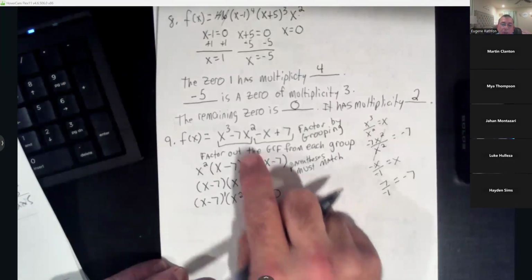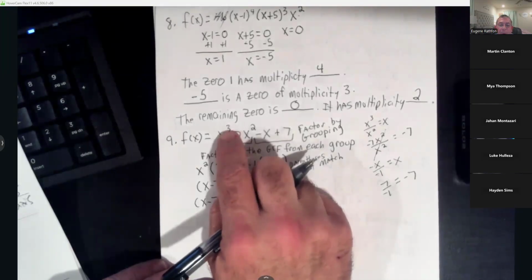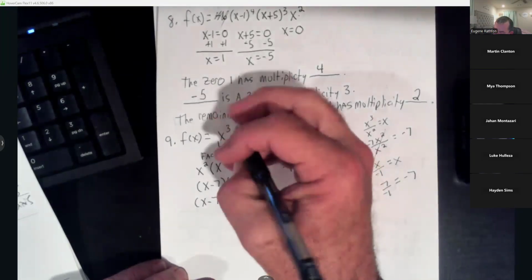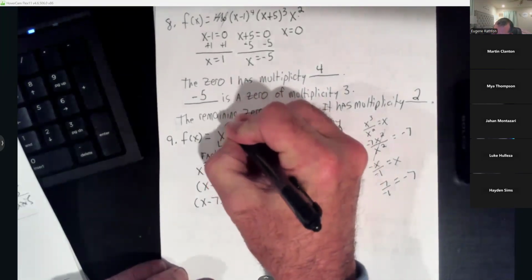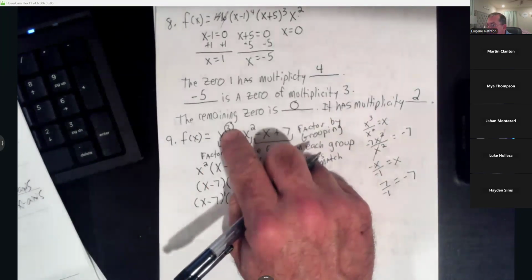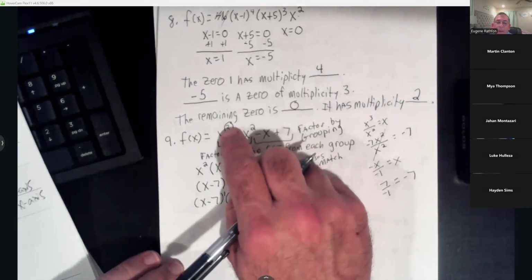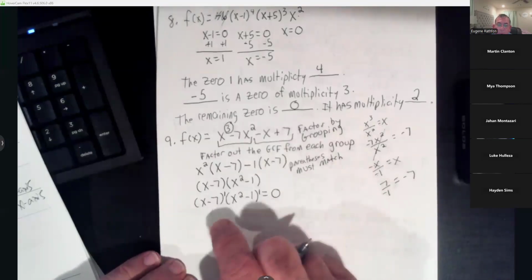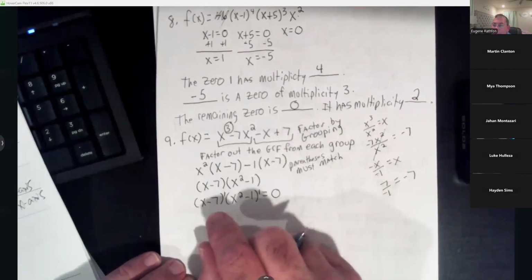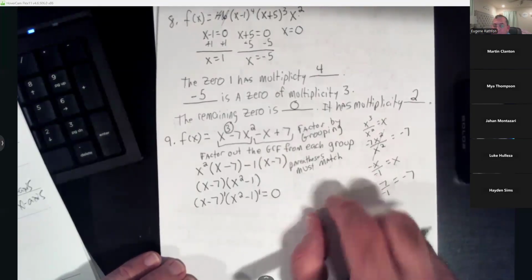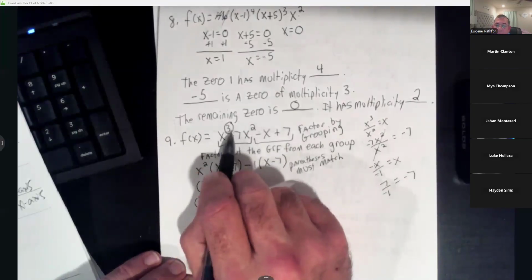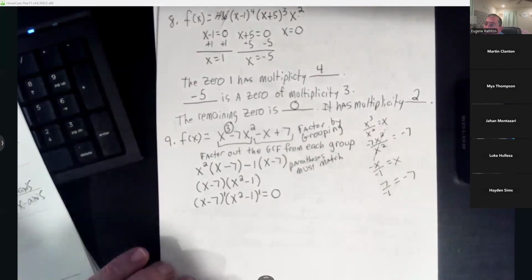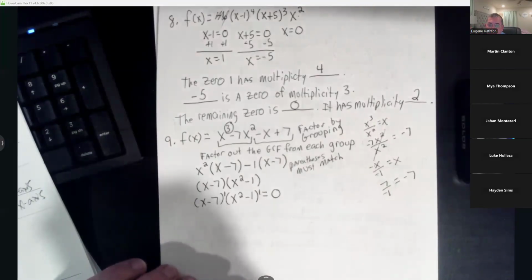And let me show y'all another trick. The highest exponent on this polynomial was a 3. So that means it's a degree 3. Anytime your highest exponent is a 3, we got to get 3 answers for my zeros. So the highest exponent tells me how many zeros I'm going to get.